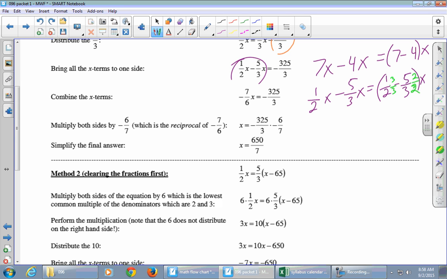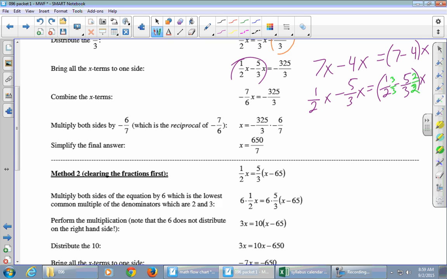You could do that by dividing both sides by negative 7/6. Oh my goodness, now we've got a fraction in the bottom of another fraction, yeah? That's kind of bad. Maybe a better option would be to multiply both sides by something. What can I multiply both sides by to get rid of that negative 7/6? Positive 7/6, positive 6/7.